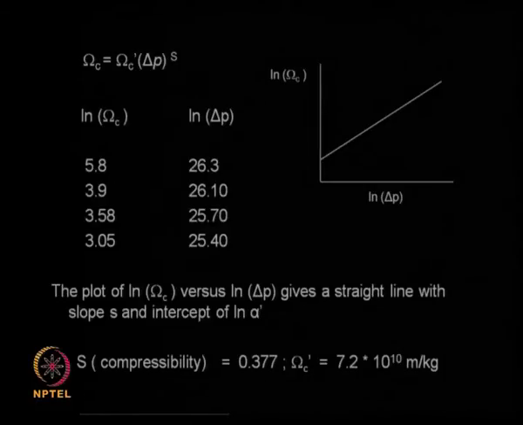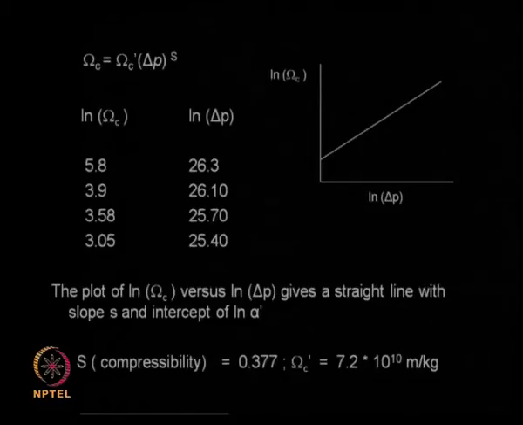So if you are doing a filtration experiment and you want to know whether the material is compressible or not, all you have to do is perform the experiments at different pressures and then calculate the resistance or resistivity, and then plot a graph between the logarithm of delta p versus the logarithm of this particular term, and then see whether the line which you get passes through the origin or not, okay.